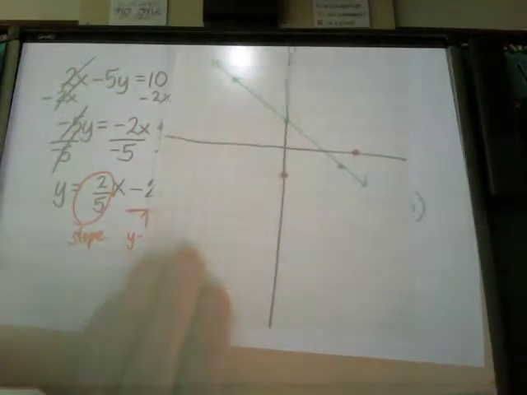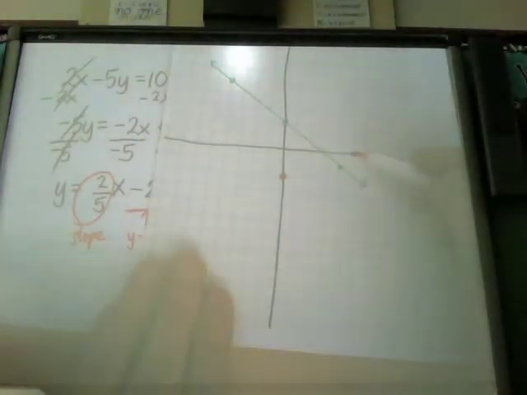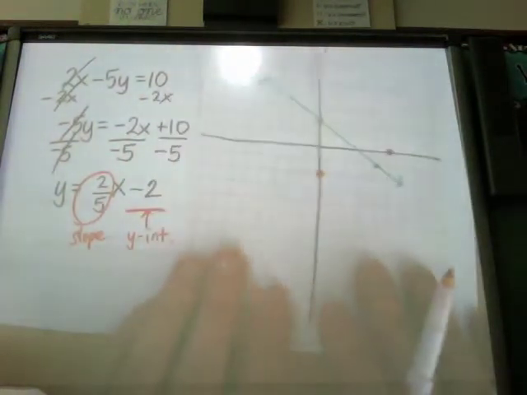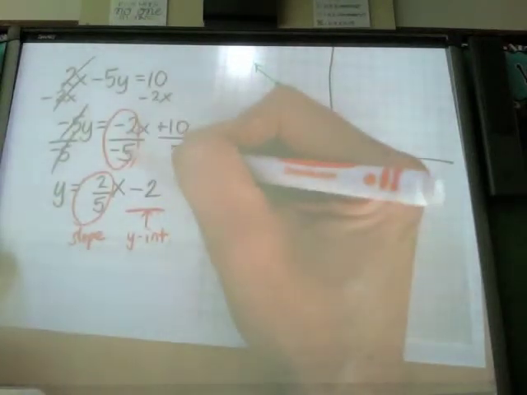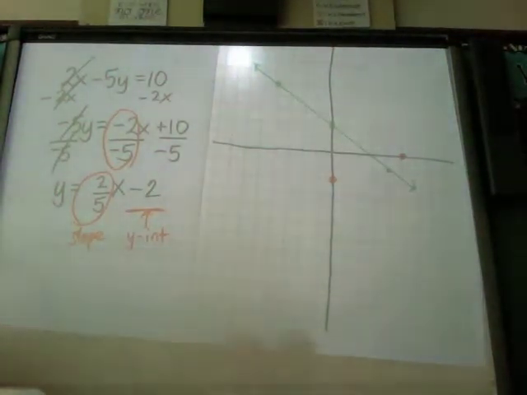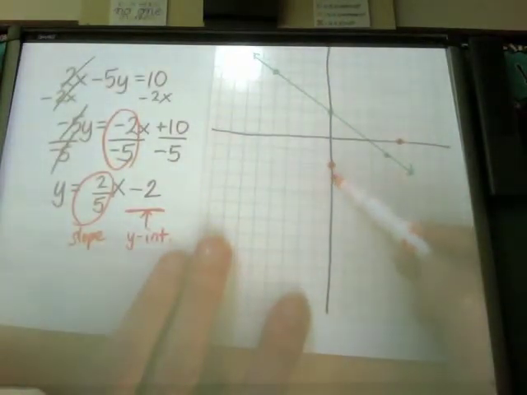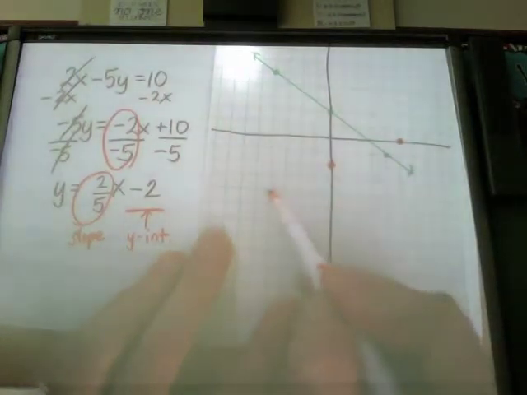Now, I'm about to go off my little paper. If I tried to get a third point, up 2 over 5, I don't have room on mine. Remember that this started out right here, negative 2 over negative 5. What if I do them both negative? I start again from my y-intercept and I go a rise of negative 2 and a run of negative 1, 2, 3, 4, 5.